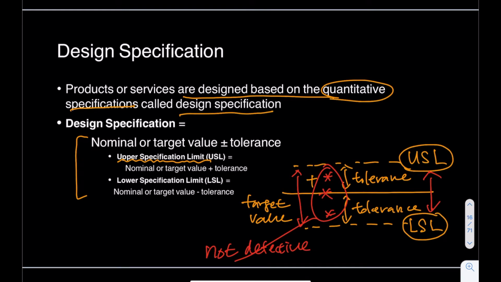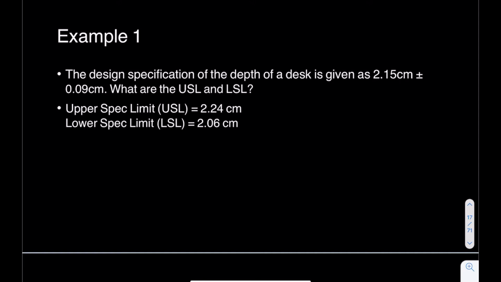However, when the measurement of a product is outside this limit, like outside the upper specification limit, or even outside the lower specification limit, those products are called defective products. Using an example, you may better understand the concept of design specification.